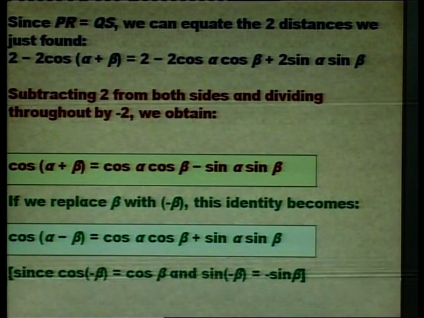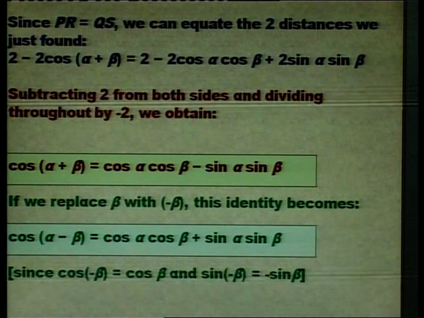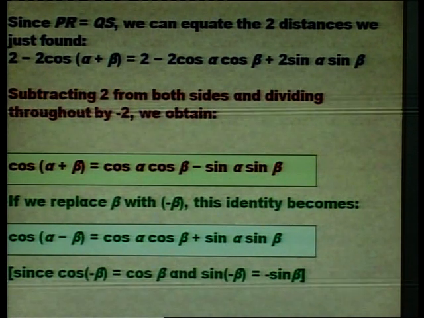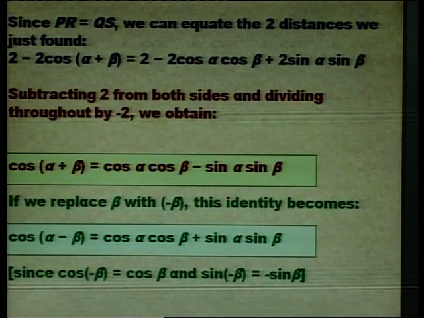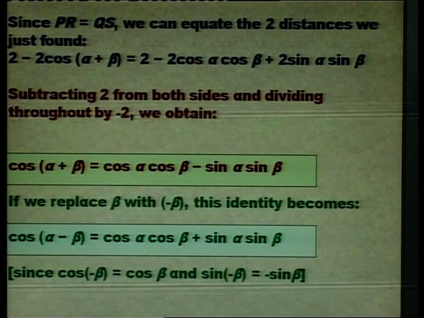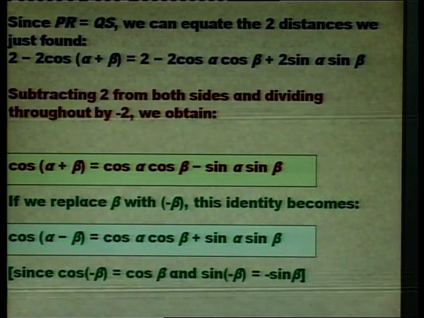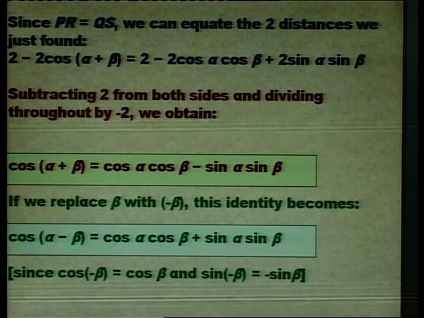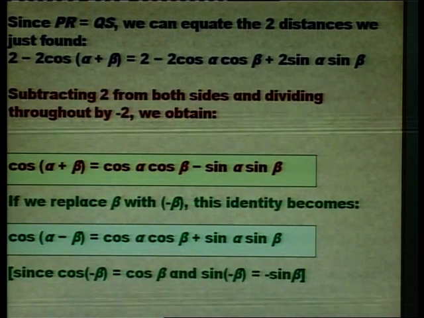Now, subtract 2 from both the sides and divide the expression throughout by minus 2, and what we obtain is the following: cos of alpha plus beta is equal to cos alpha cos beta minus sin alpha sin beta.